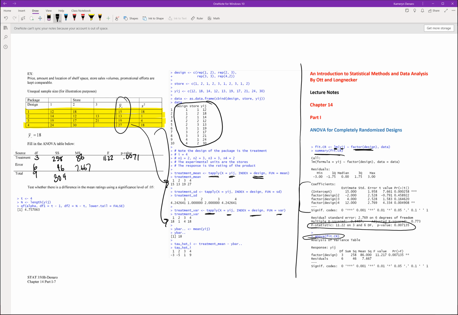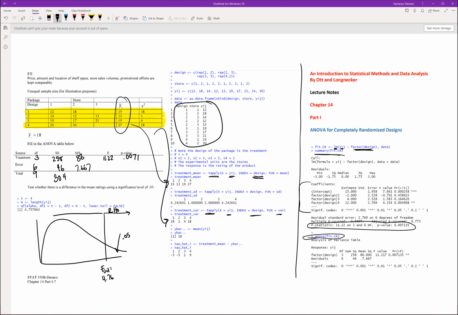So if I draw my curve, if I'm testing if there's a significant difference in the treatments, right, I can set up my rejection region. If I set alpha to be 0.05, the F critical value is 4.76. And that is putting 0.05 area in the tail.